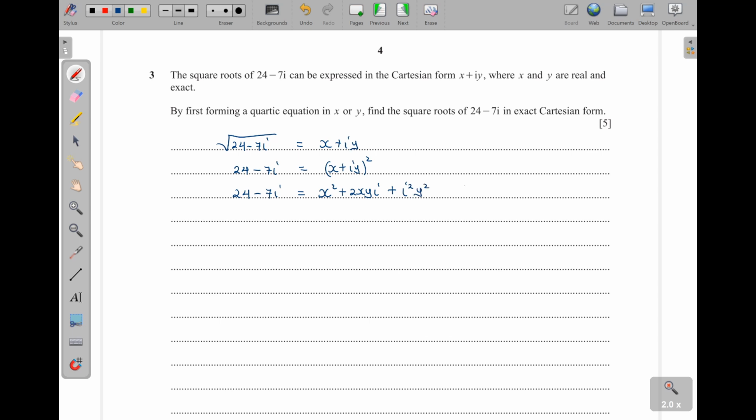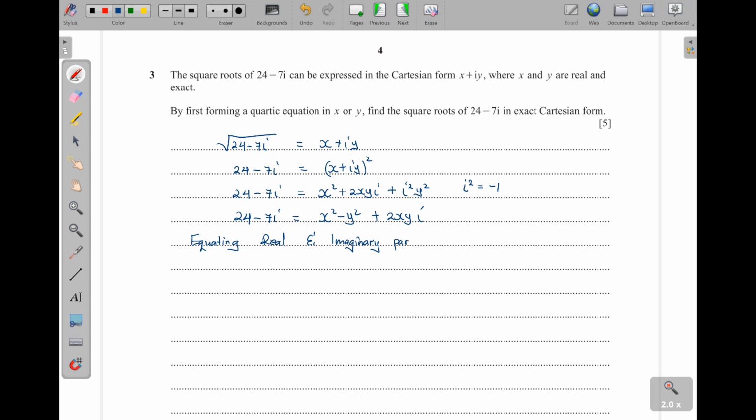But you know that i squared is equal to negative 1. So meaning you have 24 minus 7i, which is equal to x squared minus y squared, plus 2xyi. Now we equate, okay, equating real and imaginary parts.